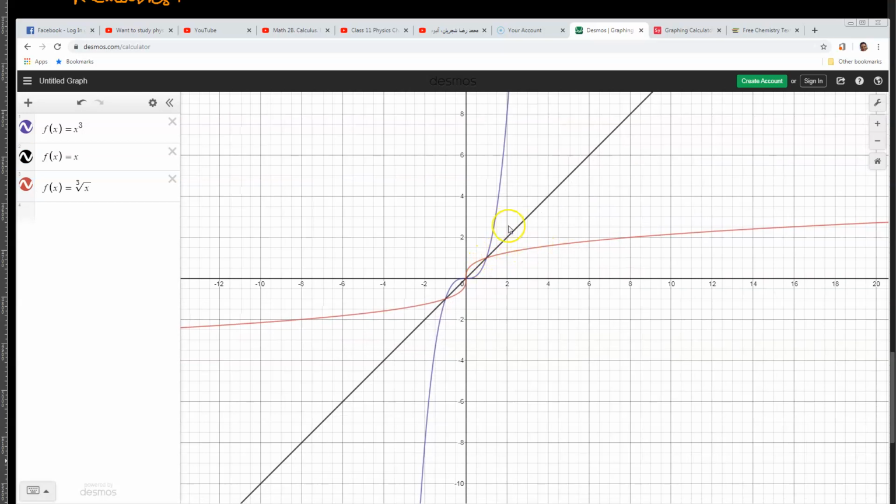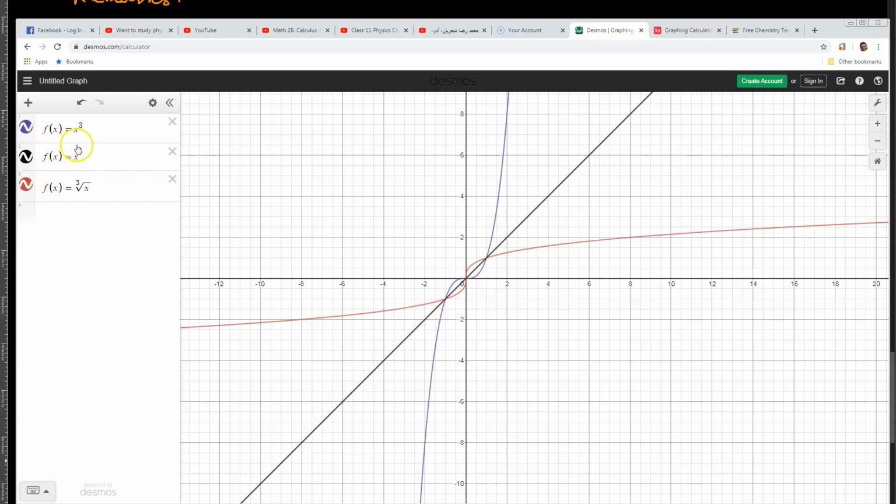For example, if I draw a line perpendicular to the line f of x is equal to x at any point, the line is going to intersect the graphs of the two functions at the exact same distances from the line f of x is equal to x, which means that the two functions are actually symmetric about this line.